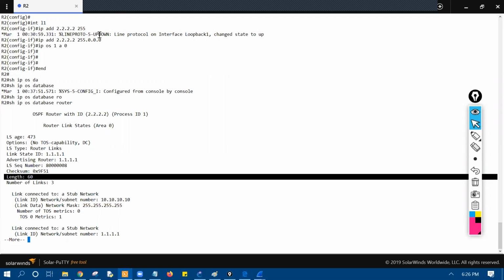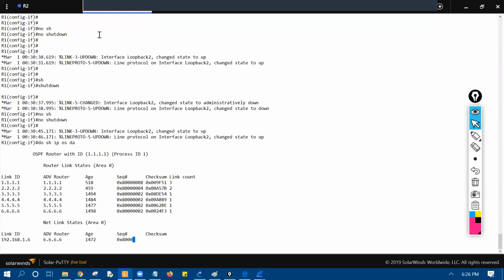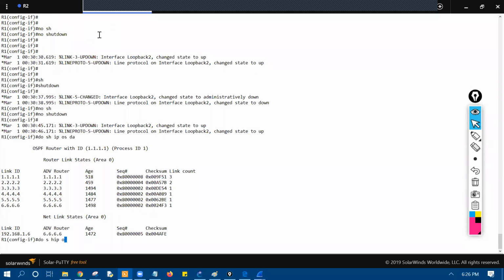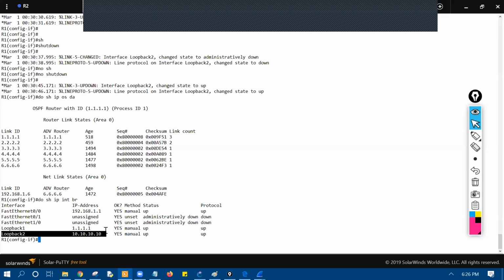If you go to R1, just show ip ospf database. 3 links are connected to me, right?